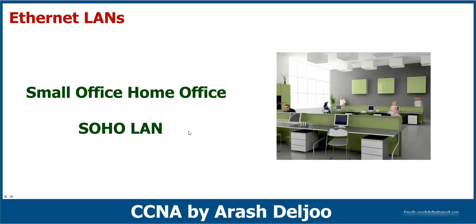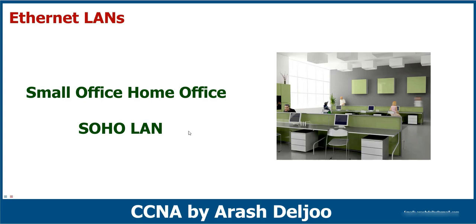You learned about it in the previous videos. A SOHO, or small office, home office, is a small network that has, for example, 3, 4, or 5 computers, one switch, or one router to connect to the internet. That's it.